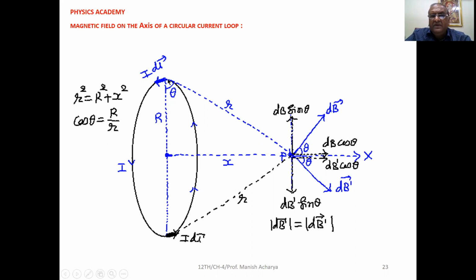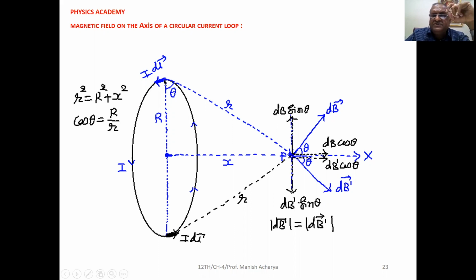And if we calculate the magnetic field at point P due to that particular current element, then if we consider the entire ring divided into so many infinitesimally small current elements, and for each one we take the magnetic field at point P, and then take the summation of all those, then we will get the resultant magnetic field.